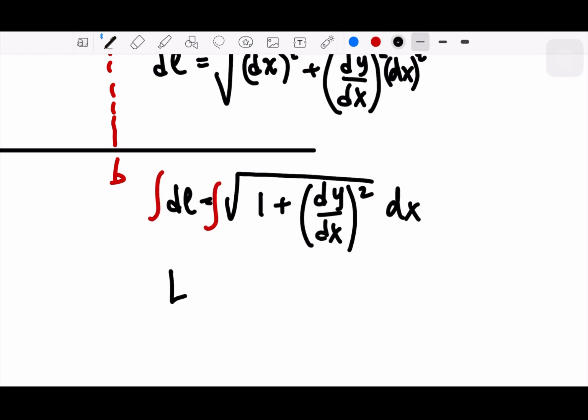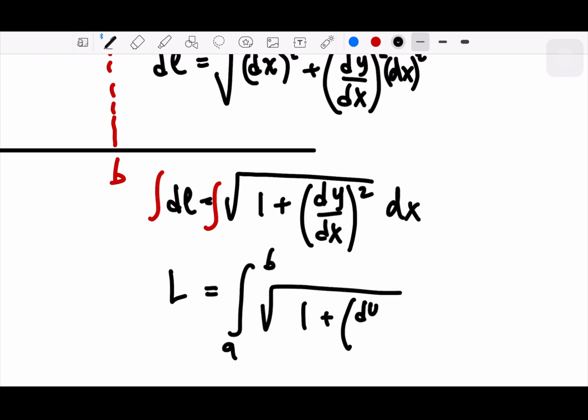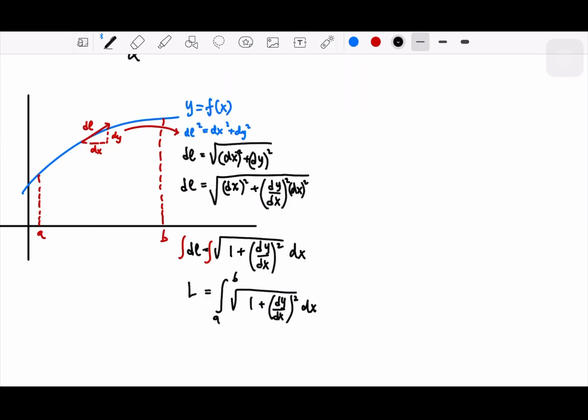Let's say we have L. And now you have the arc length with dx as the integration variable. Okay, so this is the arc length. We already learned arc length in calculus 1.